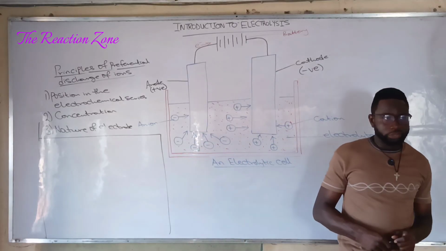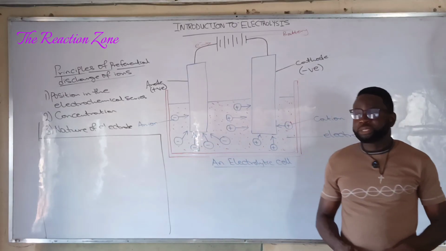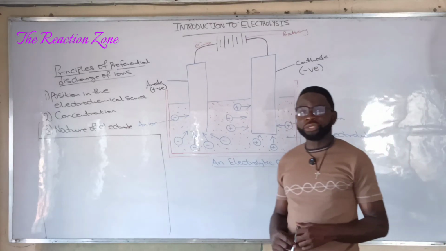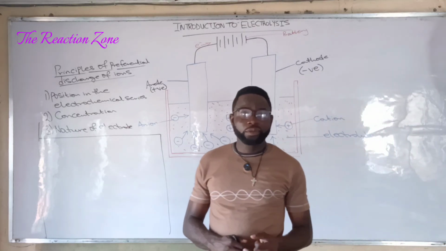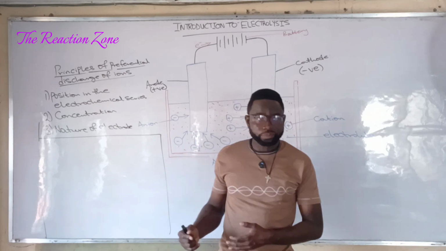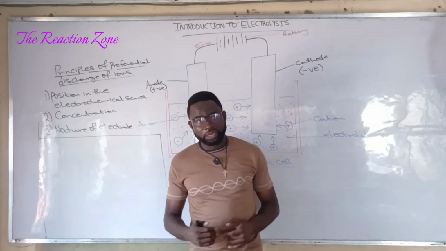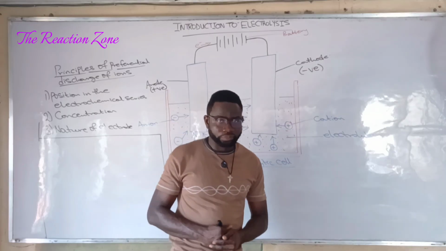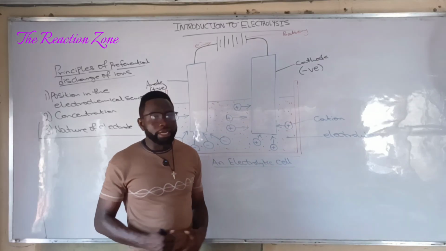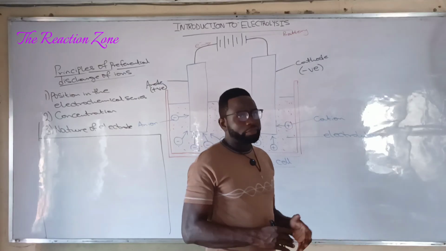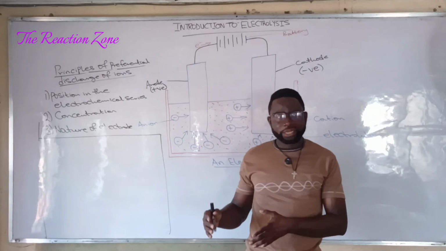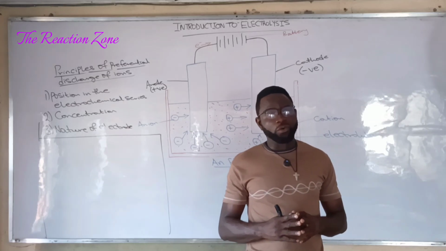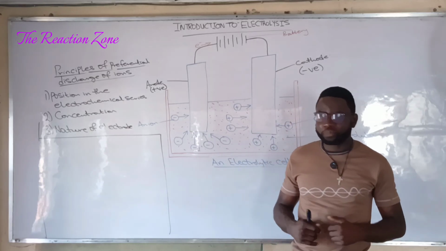During electrolysis, several types of ions may be present. However, it is only one type of cation and only one type of anion that will be discharged at the cathode and the anode, respectively. This means that the ions that will be discharged at the electrodes depend on certain factors.